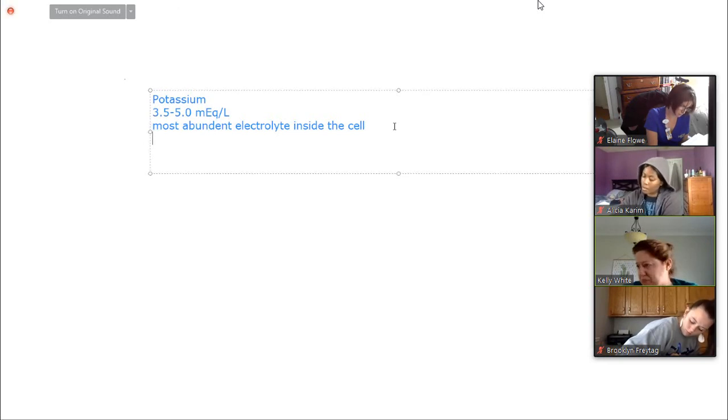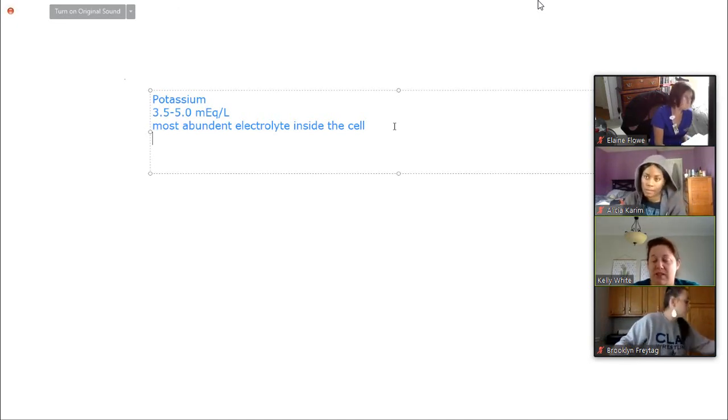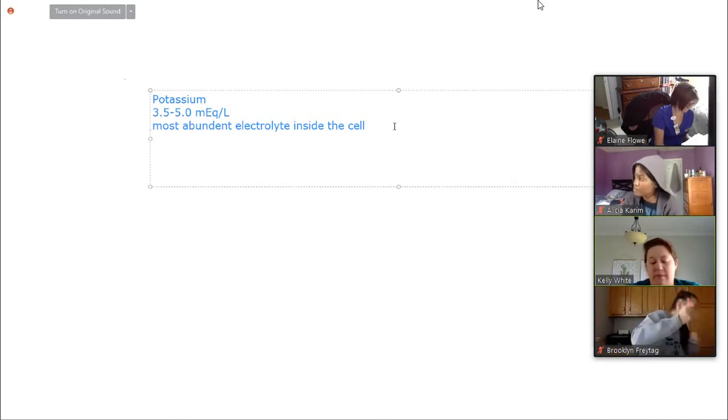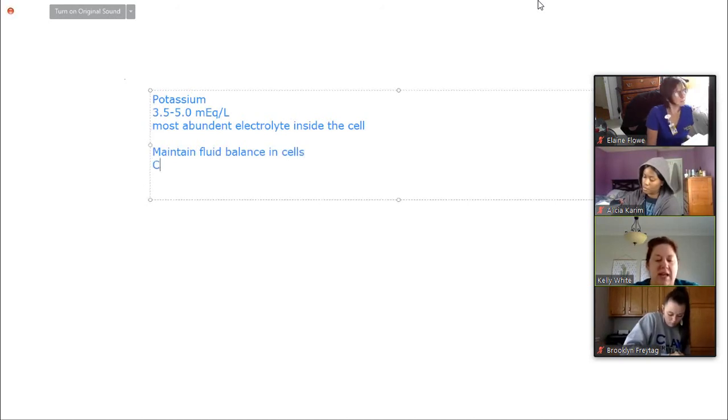Like I said, very small changes in potassium are going to affect your nerve and muscle functions. Some vital functions of potassium: it helps maintain fluid balance within the cells. It helps to contract skeletal, cardiac, and smooth muscles.